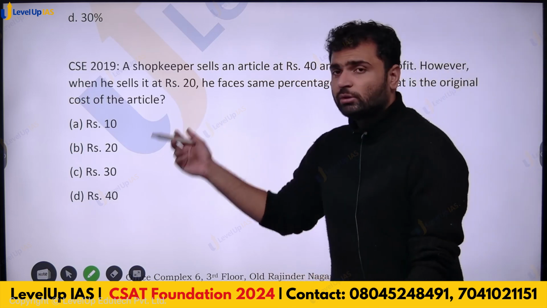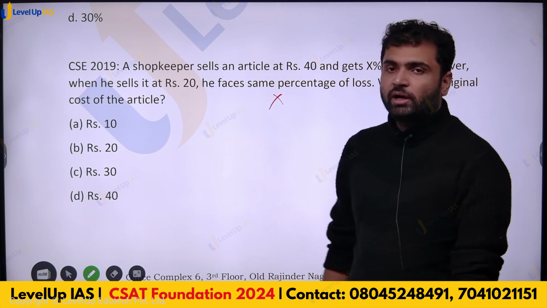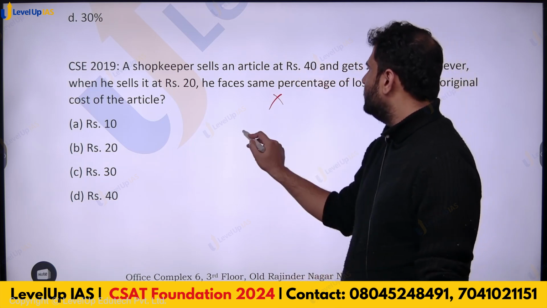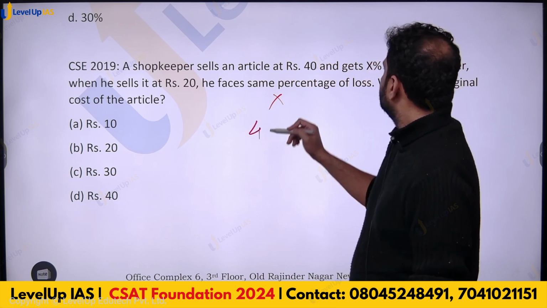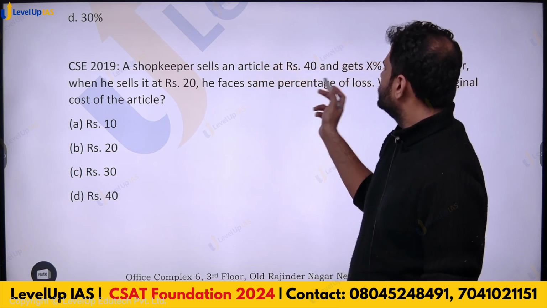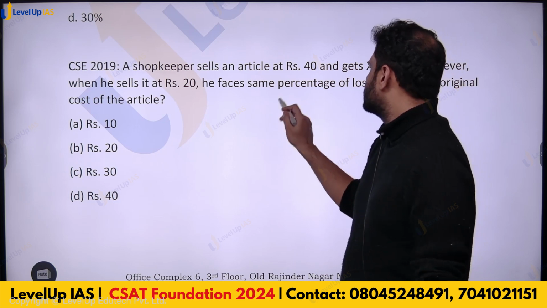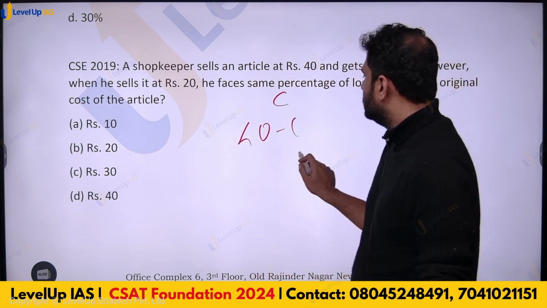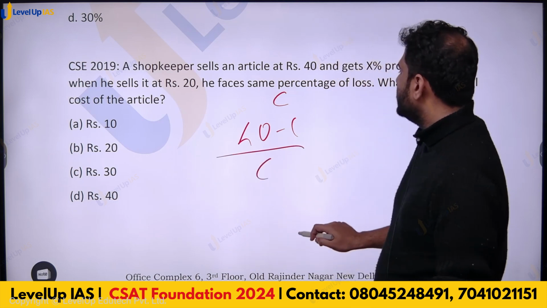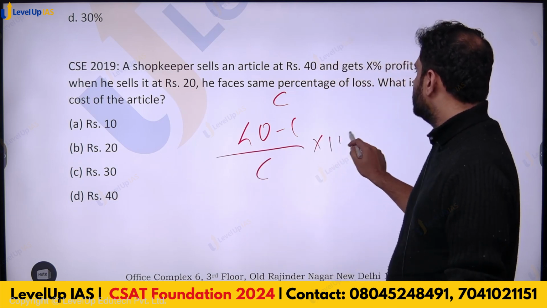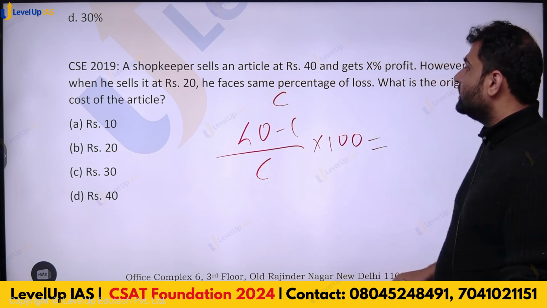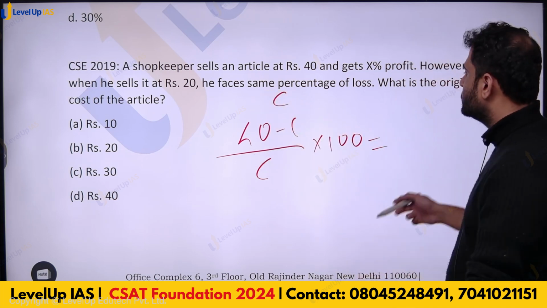Let original cost of the article be X. So what is happening is, if he is selling at 40, okay, no, let us not use X. Let original cost be some C. At 40, this is his profit. Profit upon cost price into 100, which is his percentage profit, is equal to percentage loss if he sells at 20 rupees.